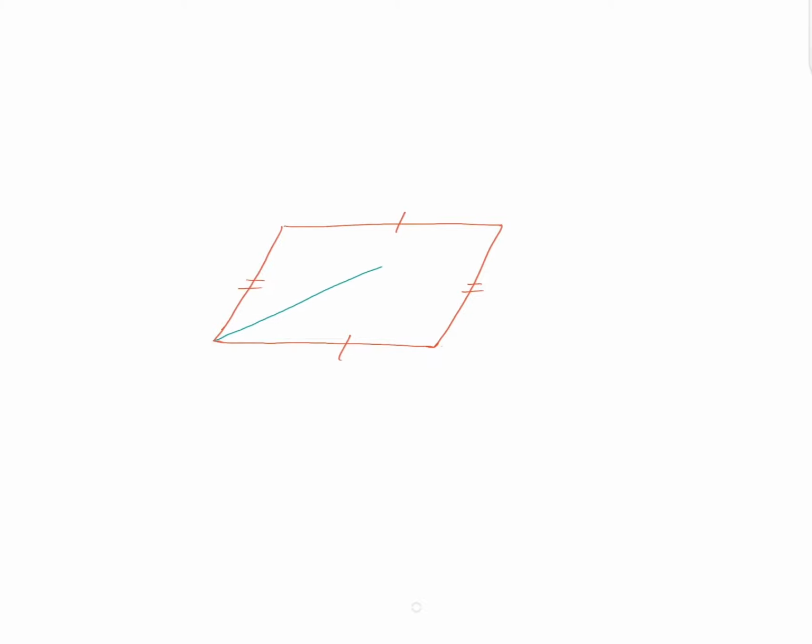Now, you can divide your shapes into two. You can draw a line like this, and now you have a triangle here and another triangle here, okay? So we can have triangles. And what are the three angles of a triangle added together?